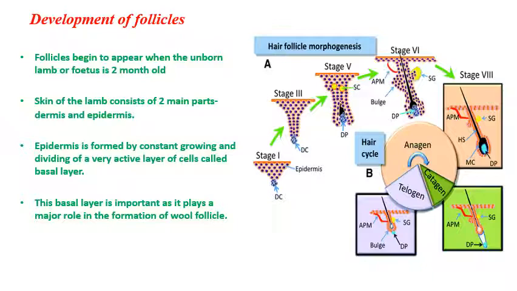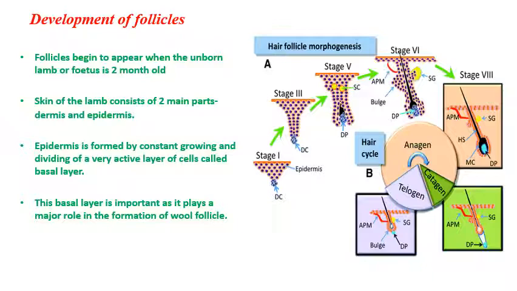As you have already studied in histology, the upper layer is the epidermis and below we have the dermis layer. Now epidermis is formed by constant growing and dividing of a very active layer of cells called basal layer.